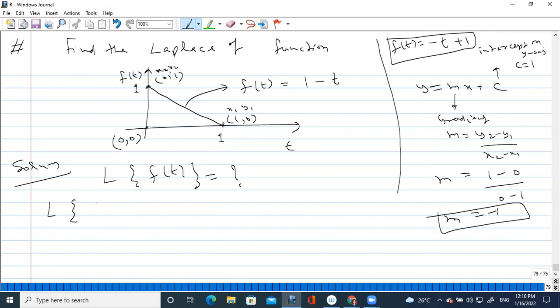So Laplace of f(t) is equal to the integral from 0 to infinity of e to the power minus st f(t) dt. This was my formula. But my limits are 0 to 1 only. Here limits are 0 to 1 only for t.